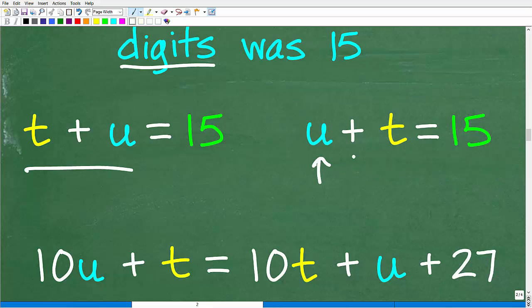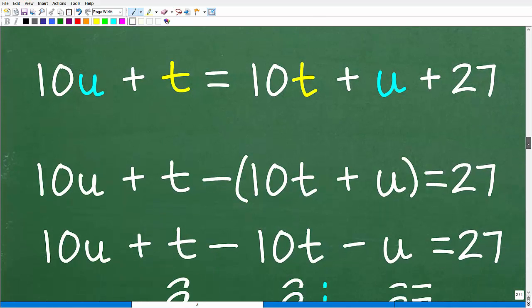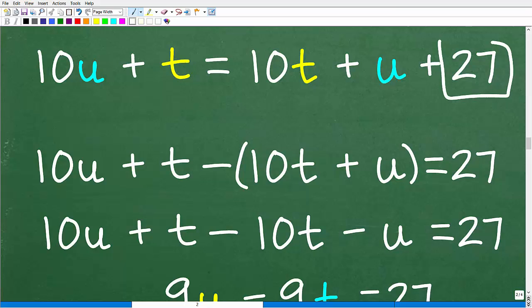We want to get our variables lined up in a column manner, whether it's u and t or t and u, equal to a number. That's what I want. And so over here, I'm going to leave this 27 on the right-hand side of the equation, and I'm just going to simply move this entire expression to the left-hand side by subtracting both sides of this expression, 10t plus u.